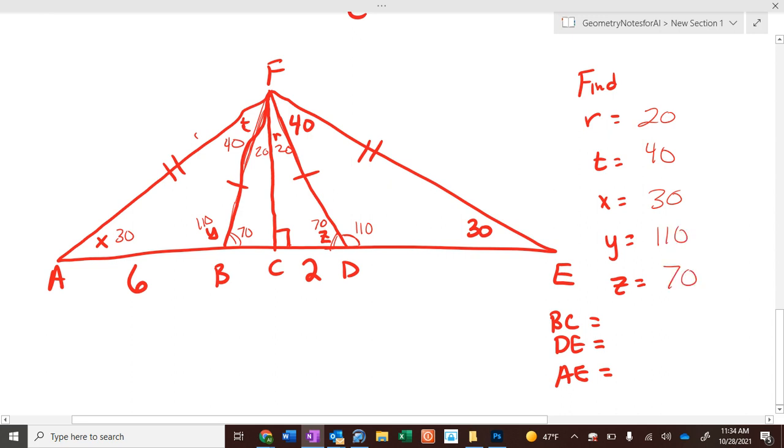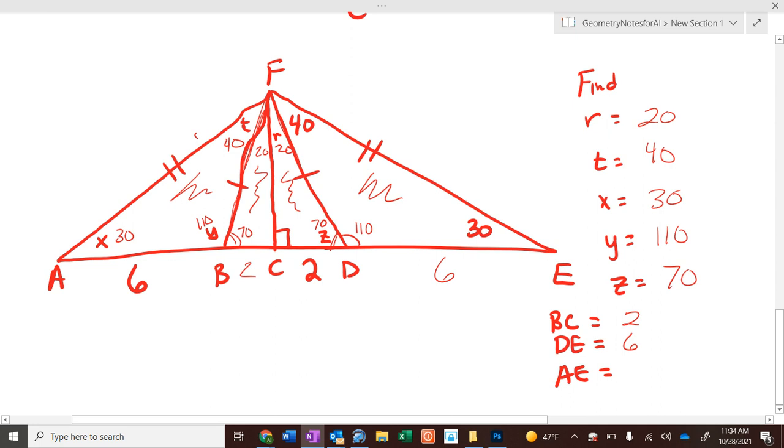Okay, we've got congruent triangles. This triangle here is congruent to this triangle here. So if AB is 6, how long is DE? 6. And this triangle here is congruent to this triangle here. If CD is 2, how long is BC? 2. So BC is 2. DE is 6.